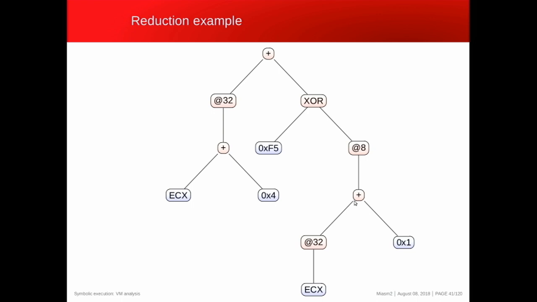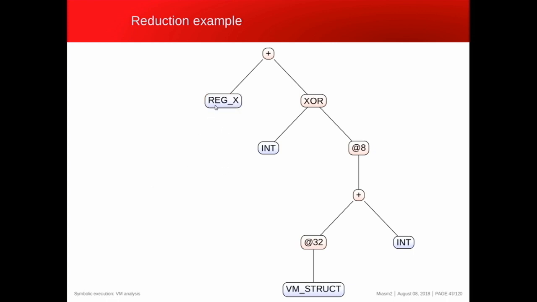So to illustrate this, we have first this tree. We will apply the reduction. The first one is to replace ECX by the VMPC struct here. All the integers will be reduced to int here. So now we have a new structure which is known, which has reduction rules, and this one will give back a register.